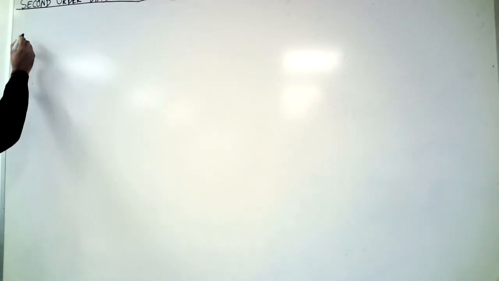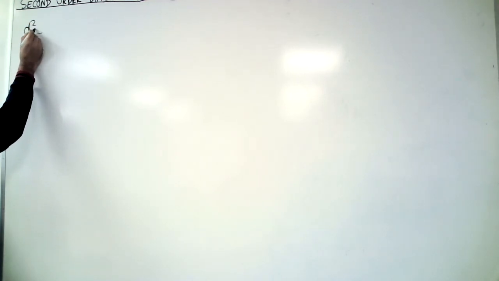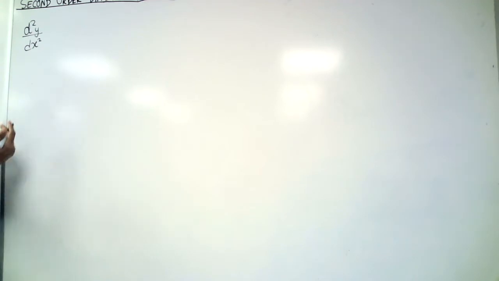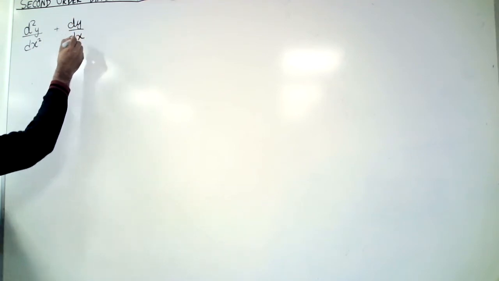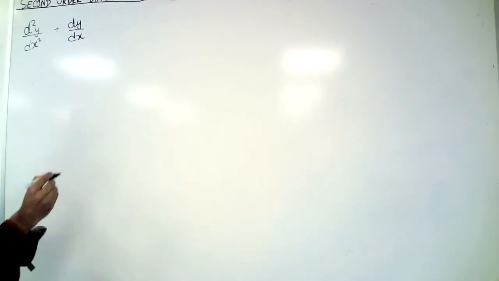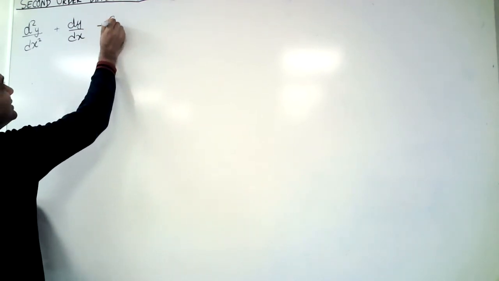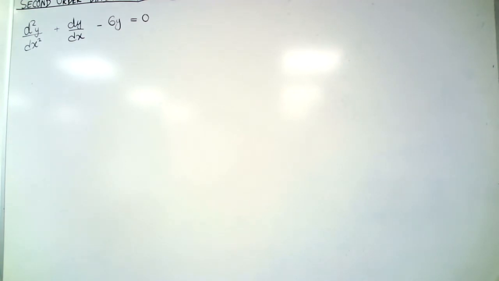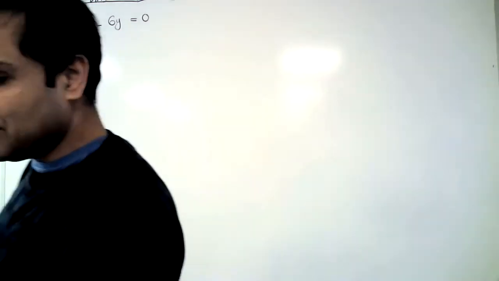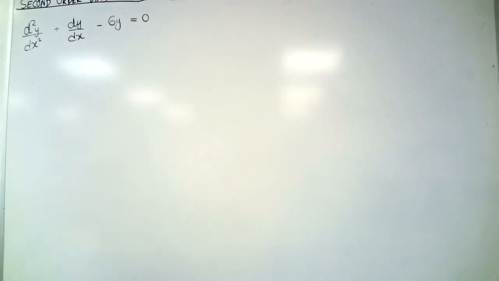Let's say I got a question: d square y over dx square plus dy over dx minus 6y equals 0. To start with that, you need to actually make some assumption, because this is a second order differential equation.